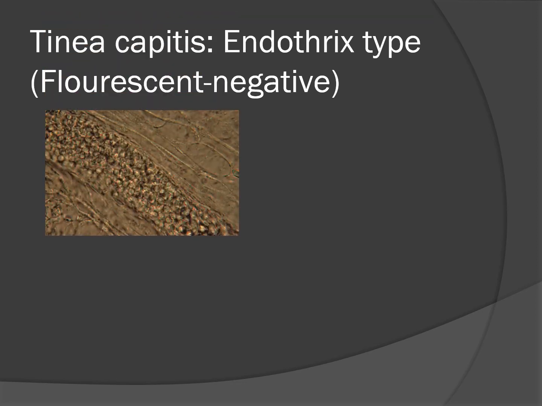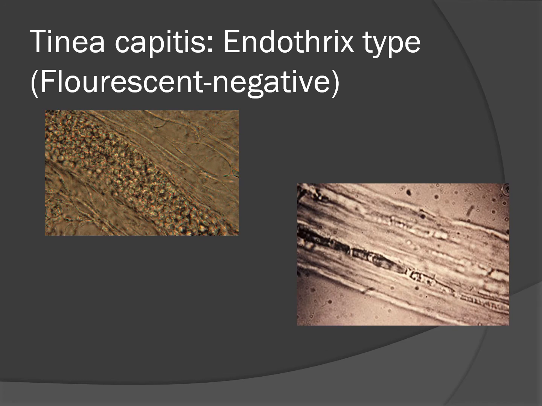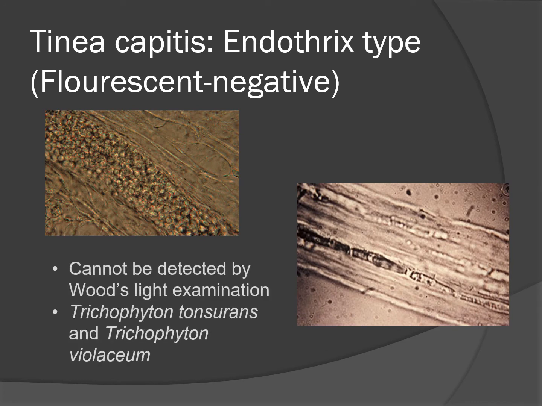Here, the fungi, instead of wrapping themselves around the hair shaft, tend to invade the hair shaft internally. And so they cannot be detected by Wood's light examination, and so they are termed fluorescent negative. Examples of fungi that fall under this category are Trichophyton tonsurans and Trichophyton violaceum.